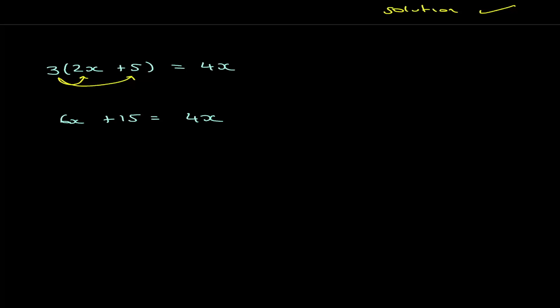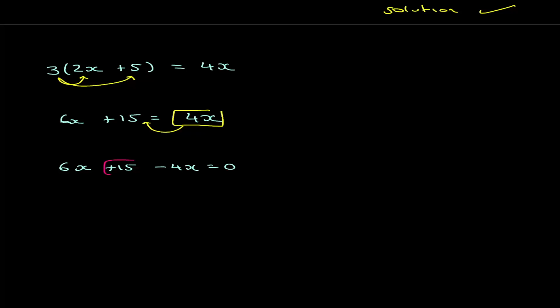This 4x I want to bring to the left-hand side because I want all my x's on the left-hand side. It is a positive on the right, so when you bring it to the left it becomes a negative. So we have 6x plus 15, and now we've brought this positive 4x across, so it becomes minus 4x, and we've got 0 left on that right-hand side.